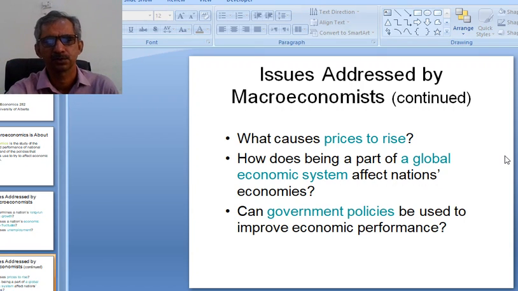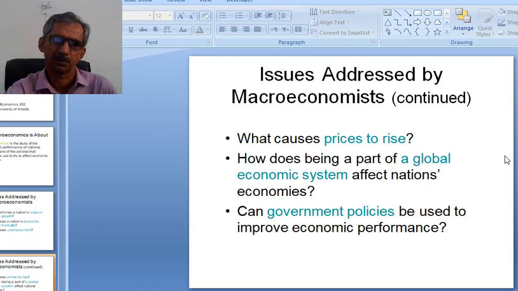The issues we have discussed are fluctuations in output, GDP growth, total production of the country, unemployment levels, price levels, and the impact of international membership. How do we control all these situations?